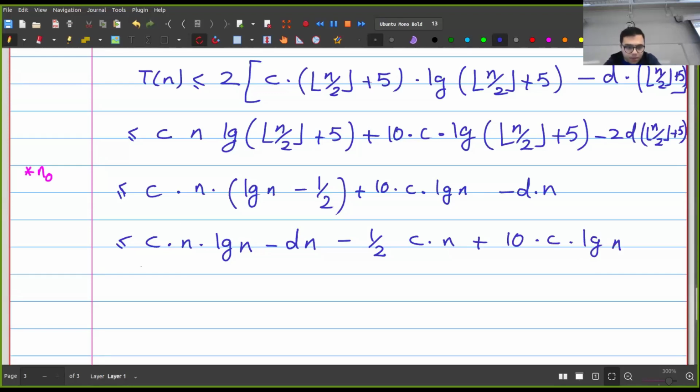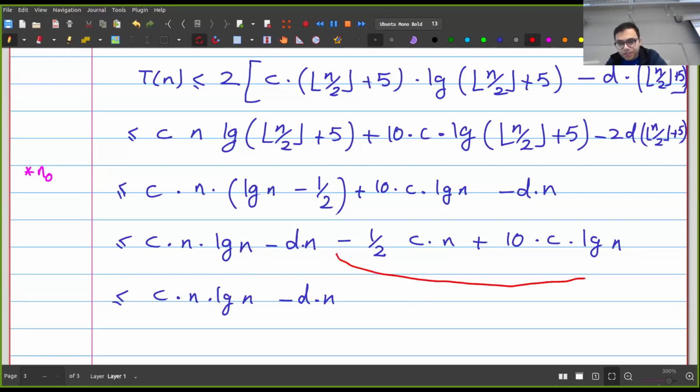Now, I want this whole thing to be less than or equal to Cn log n minus dn, right? So I want this part to be negative, so that I can just get rid of it.